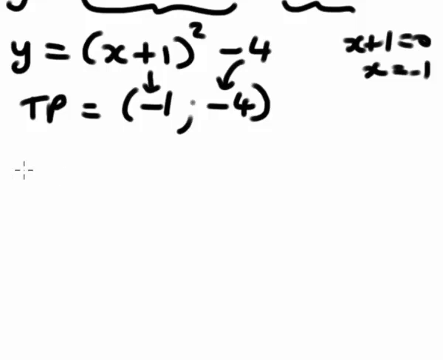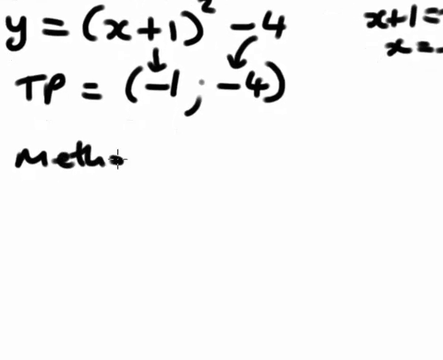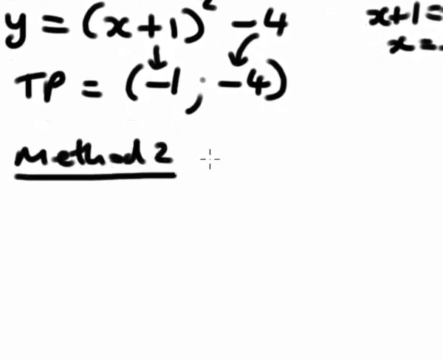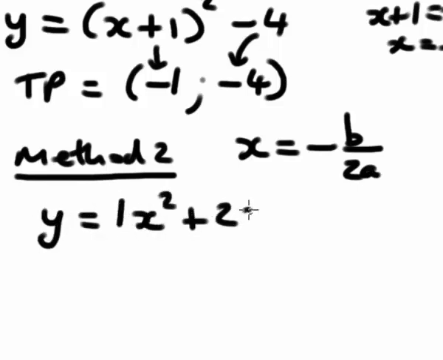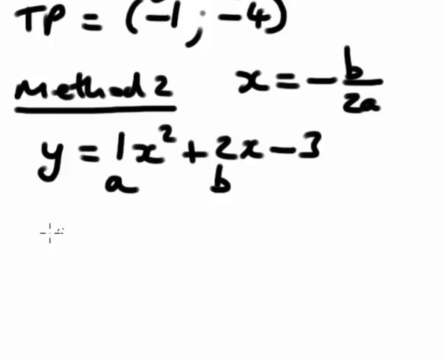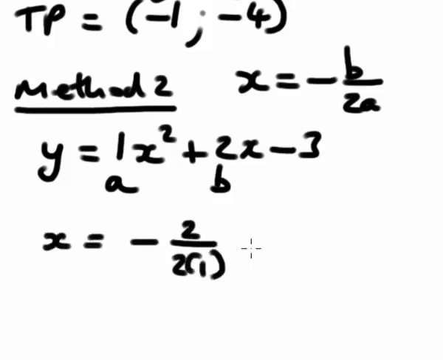There was another method that you did use, and that was the formula x is equal to minus b over 2a. We have our little parabola here, 1x squared plus 2x minus 3, and that was a and that was b. Then x is equal to minus b over 2a, and that came to classically negative 1.